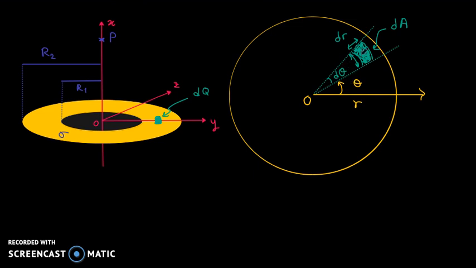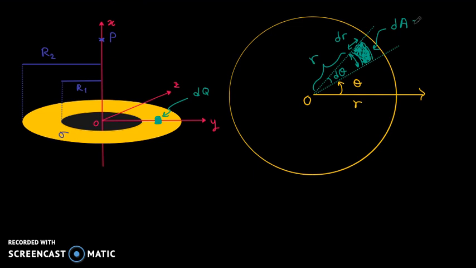Remember the arc length formula. The arc length is equal to the angle corresponding to the arc length times the radius, the distance from the origin. In this case the radius, or that distance, is defined as r. That's my coordinate r. So this whole distance here is r. That means this curved side of the rectangle is equal to r d theta. So then the area of a rectangle is the product of its two sides.